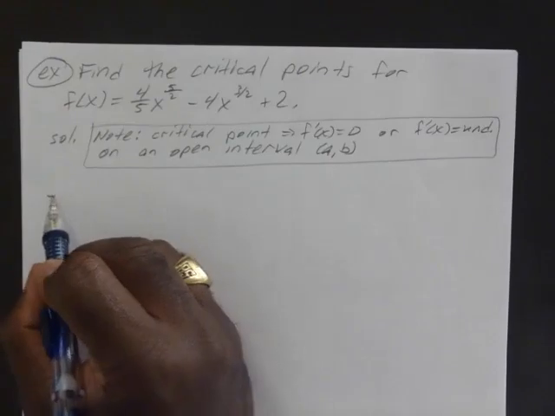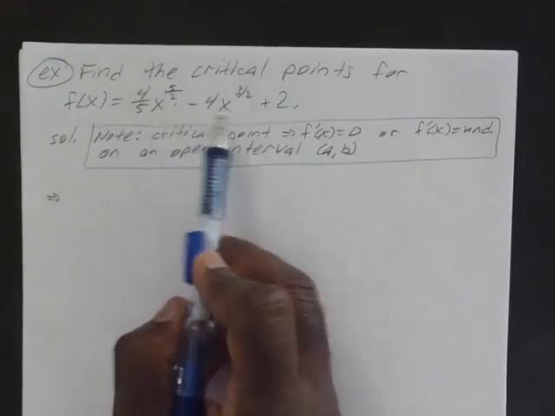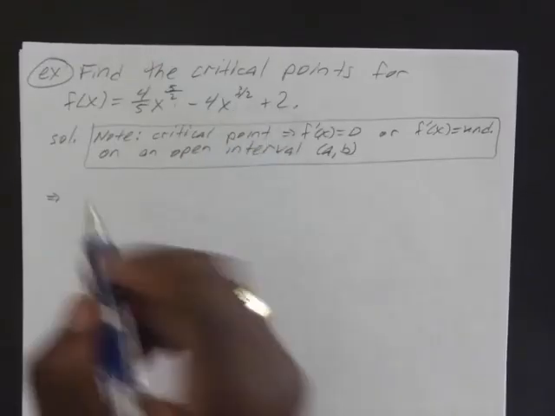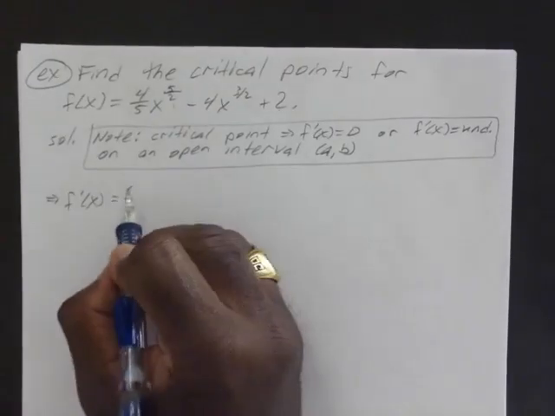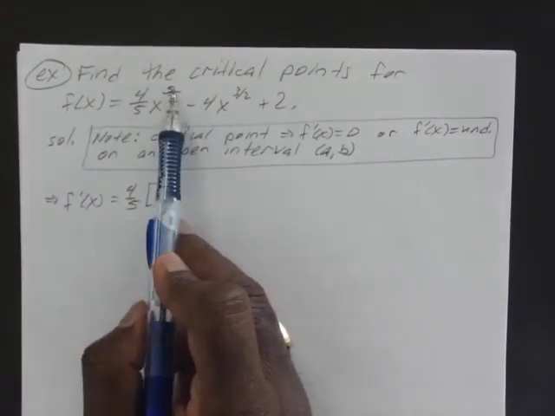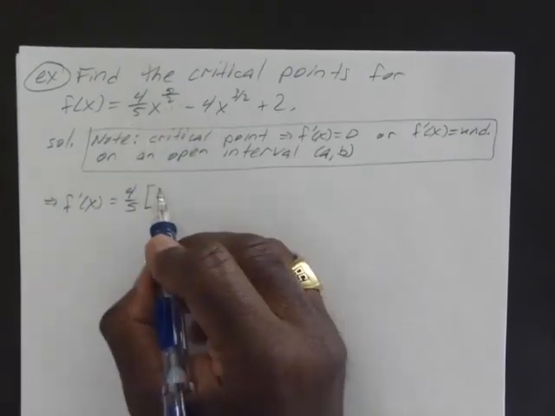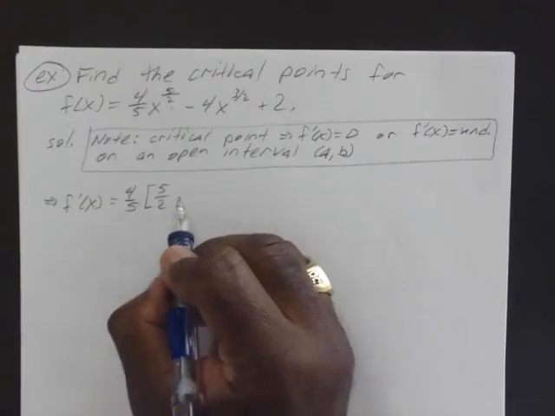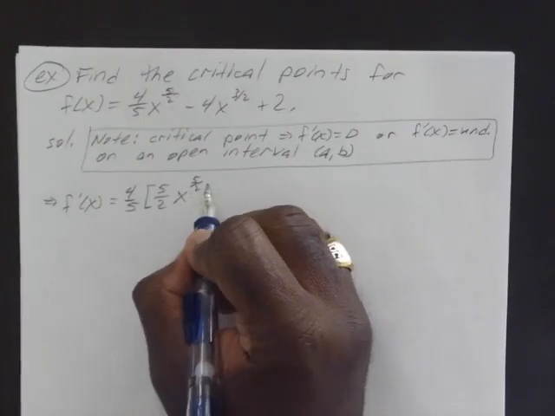Okay, so if we take our f of x equals 4/5 x to the 5/2 power minus 4x to the 3/2 plus 2, then our f prime of x is going to equal 4/5 times the derivative of x to the 5/2 power. So we bring down the 5/2 and we subtract 1 from it. So 5/2 minus 1.